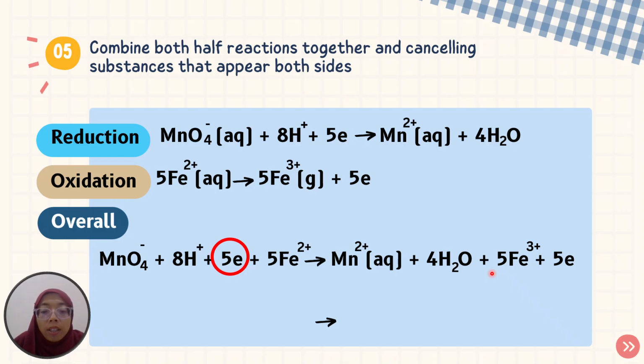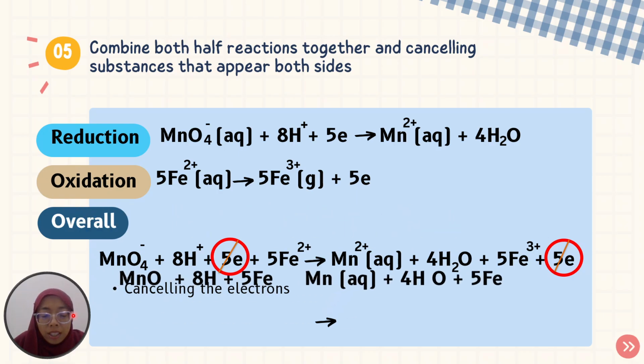Now we look at the number of electrons. There are 5 electrons on the left and right side, and we can cancel them. 5 minus 5, now there are no more electrons.